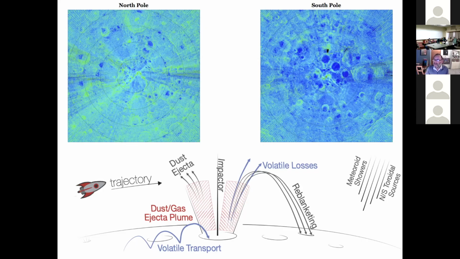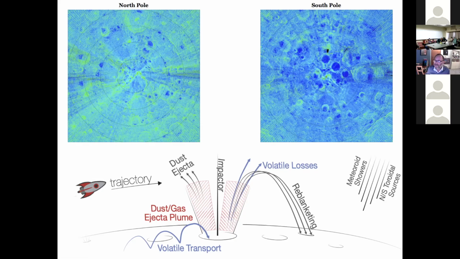And these permanently shadowed regions are of great interest because people argued for a long time that these are places where volatiles, including water and CO, can collect. It's like a sand trap. If a water molecule hops along with its various bounces and lands in a permanently shadowed region, then it can probably stay there.